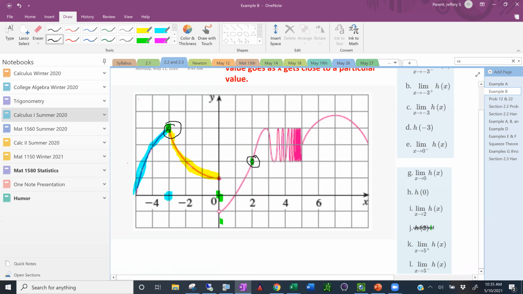So, okay, the function is not defined. That's all you can say about it. Whereas at x equals 0, the function is not defined here, but it is defined up here. So the value of the function is defined at 0, where it's not defined at -3 or 2.